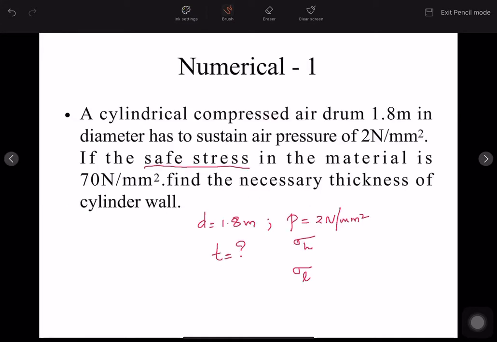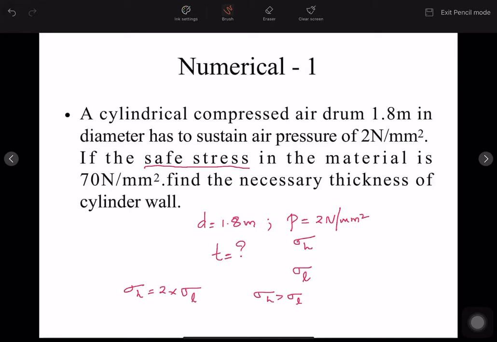I have already mentioned in various tutorials that sigma h is equal to 2 times sigma L. It means sigma h is greater than sigma L, right?